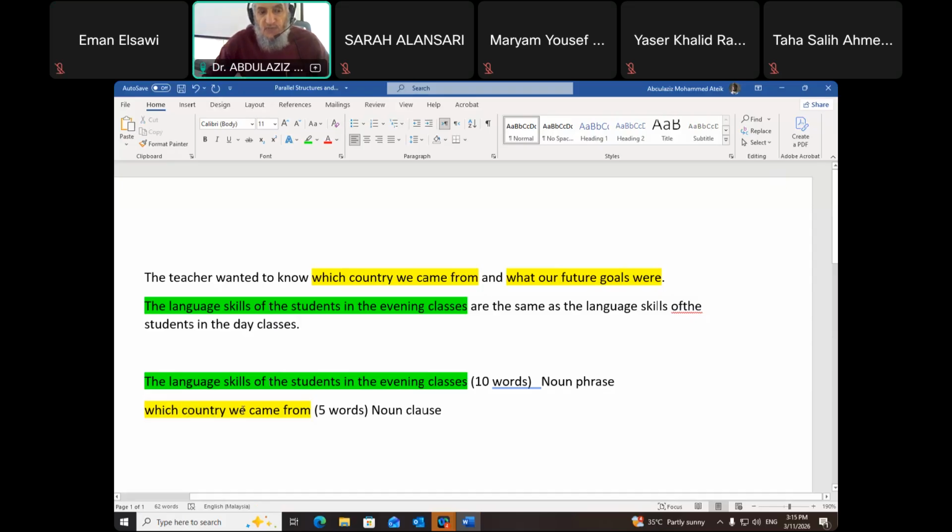We is the subject, came from is the verb. From which country? This is the complement. This is the order: we came from which country? So this one is a noun clause, for it has subject and verb.